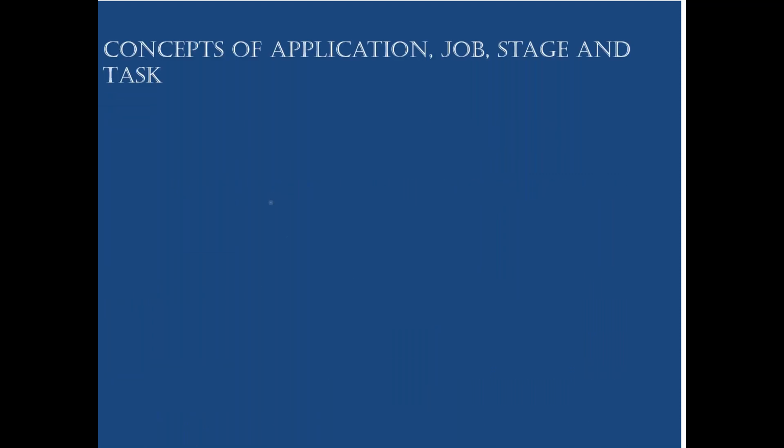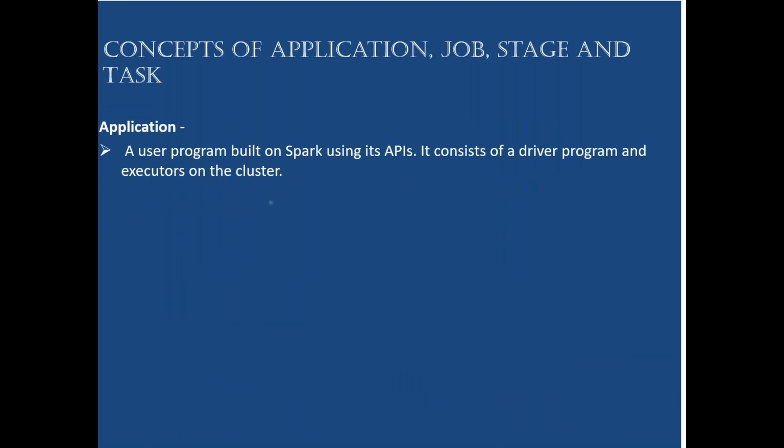Concept of application, job, stage, and task. What is an application? A user program built on Spark using its APIs. What are the Spark APIs? Python, Scala, R, SQL. Then what else do we have? Java. We also have C#, that is .NET, which is supported in Synapse. Earlier, in Databricks, we had only 5 languages supported: Java, Python, Scala, R, SQL.